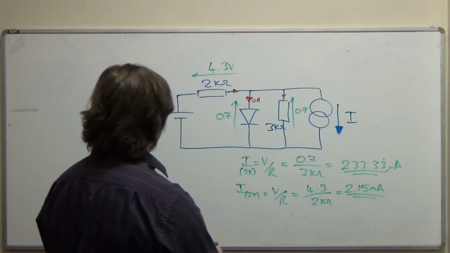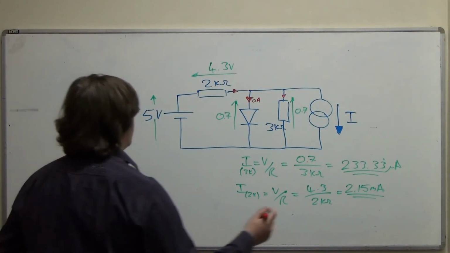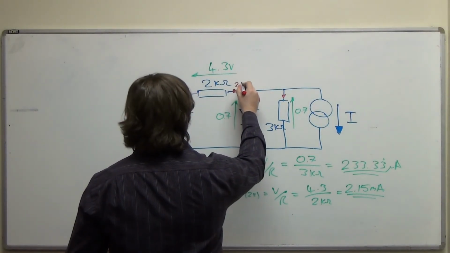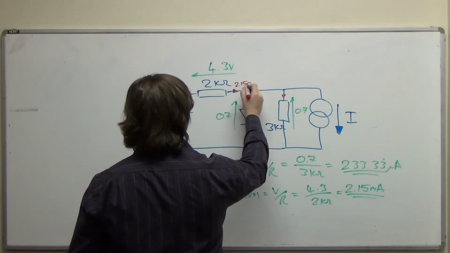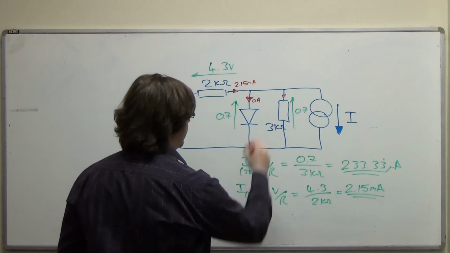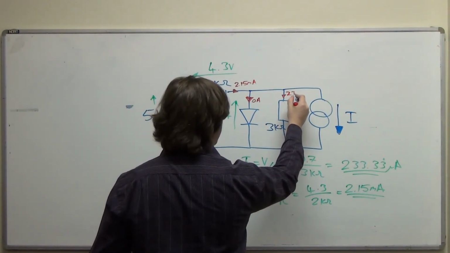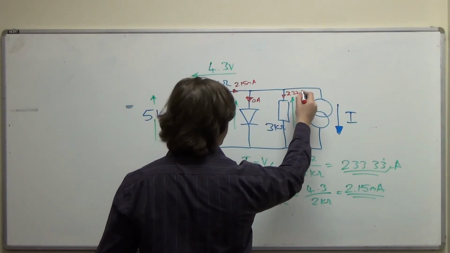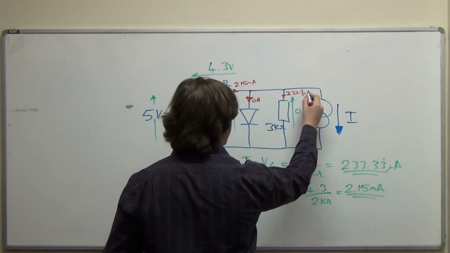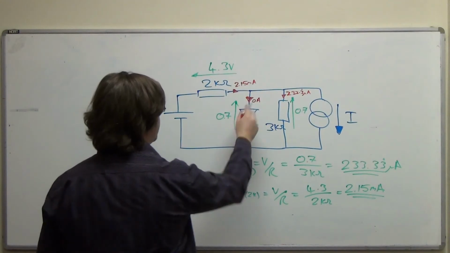So we know that we've got 2.15 milliamps just there, and we know that this one is 233.3 microamps. Okay, and we know there's no current there.